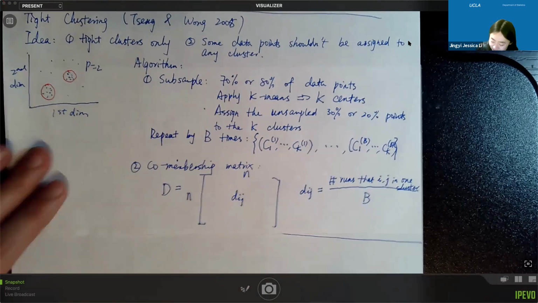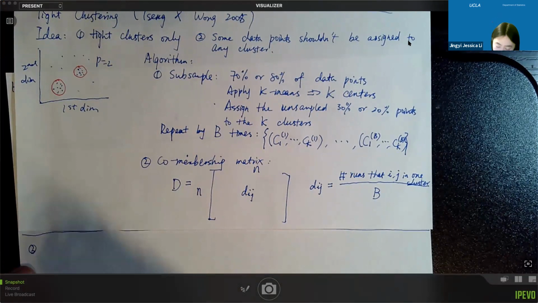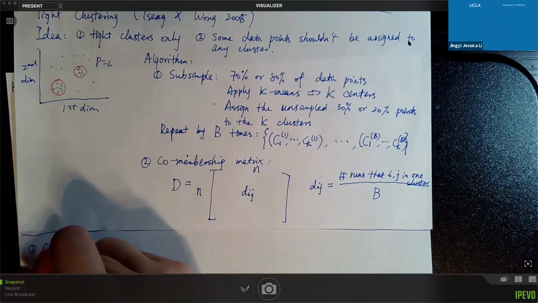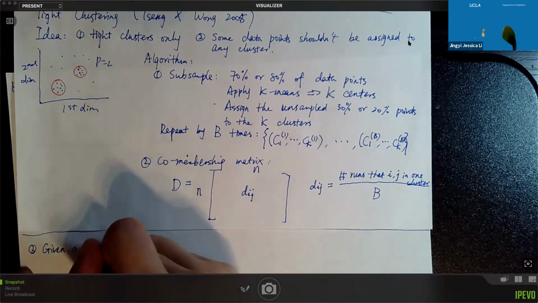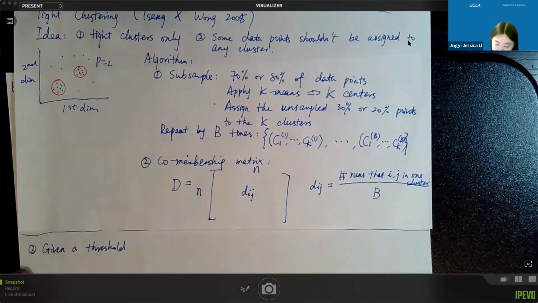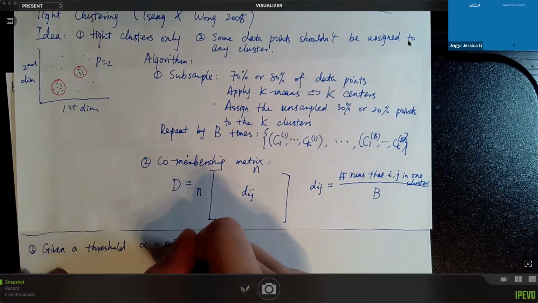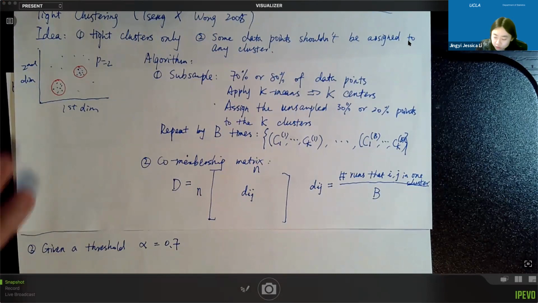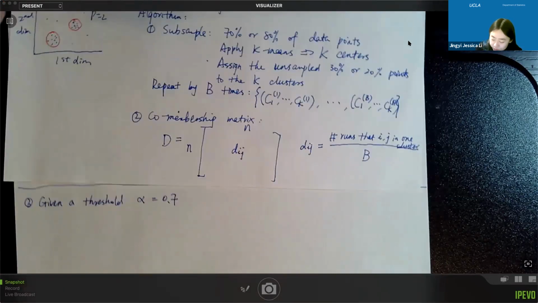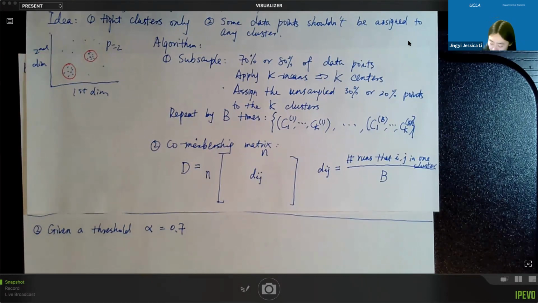So let me just ask you this question. In step 3, given a threshold, let's say alpha equals 0.7, which means that I really want to put data points which are together with each other for 70% of the runs into one tight cluster.